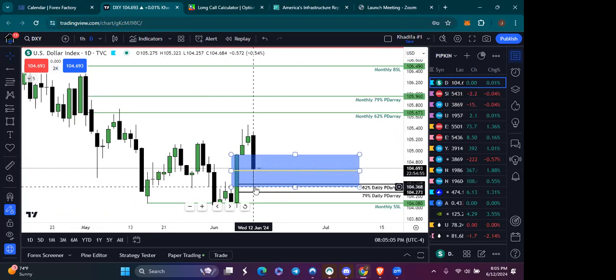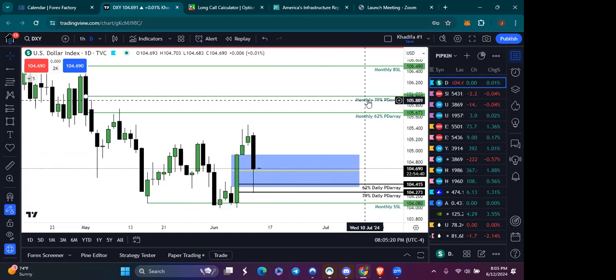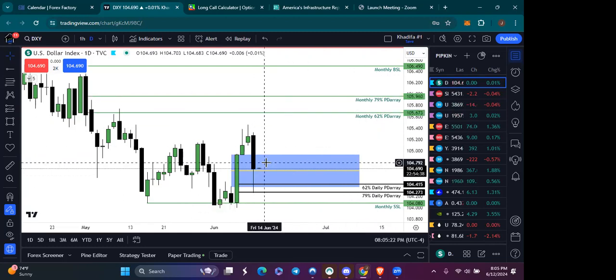Being that we did pull back down into these daily PD arrays today, and the way price snapped back off of those levels, I do expect the dollar to continue to the upside to run these monthly PD arrays.